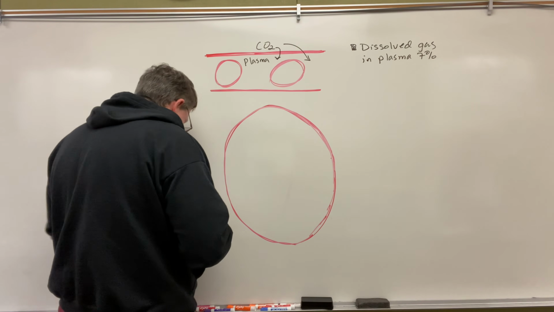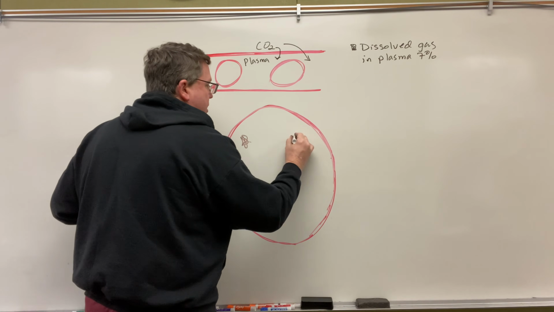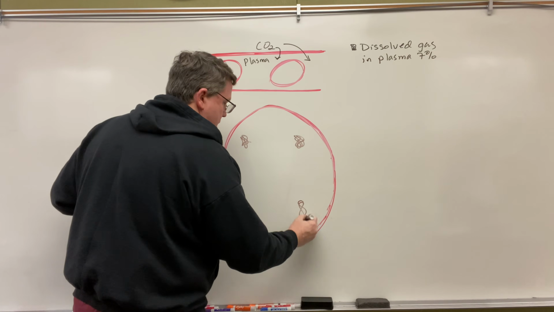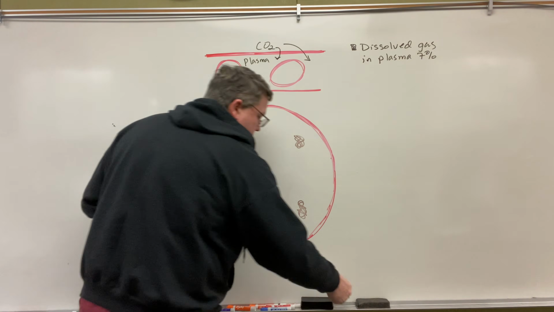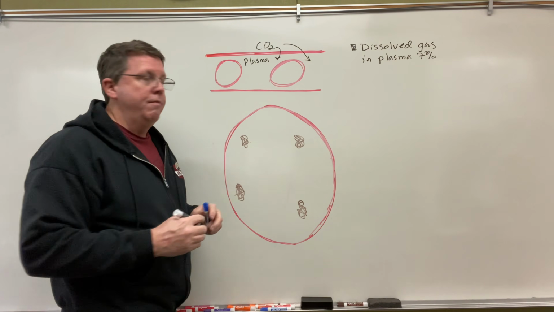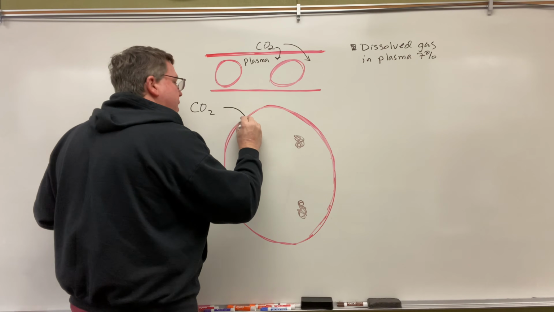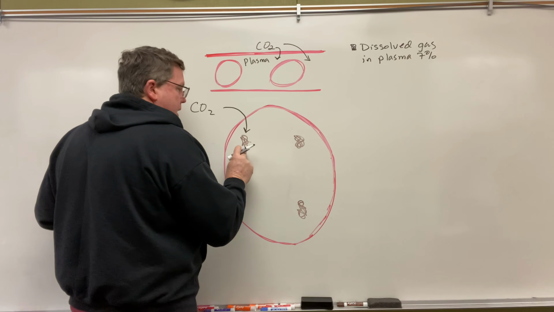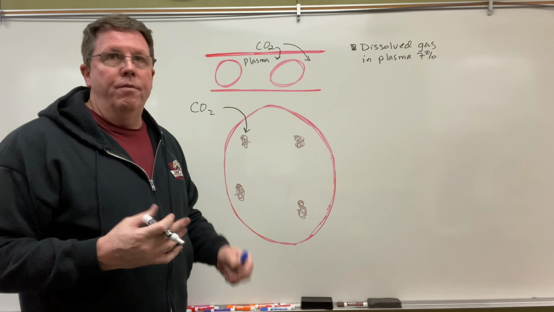Now, like we've already said, on the inside of red blood cells, we have our hemoglobin, right? So what's going to happen is you can also get carbon dioxide, and it will enter into a red blood cell and bond with the hemoglobin, okay? That's the second thing that it can do.